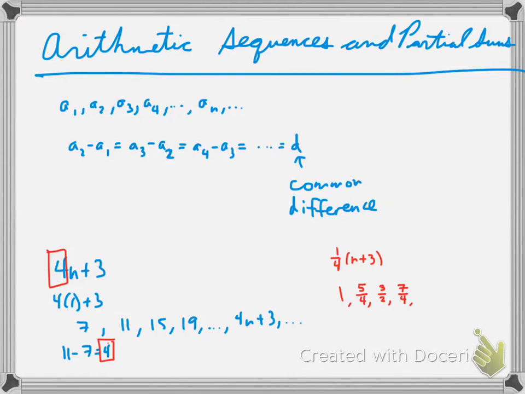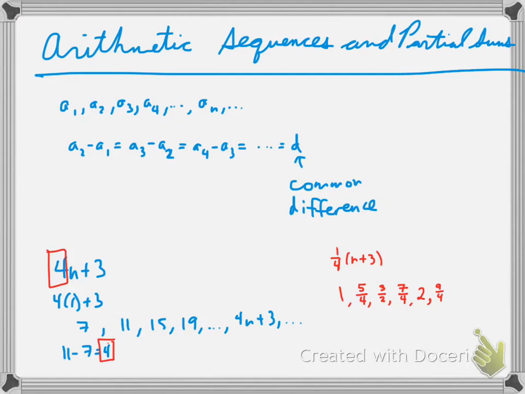So you'll notice I'm alternating between 4 and 2 on the bottom, and I'm changing by odd numbers, it looks like, on the top. Sorry, my next term is 2, because that's 8 over 4, which is 2, and then I'd have 9 over 4, and so on.